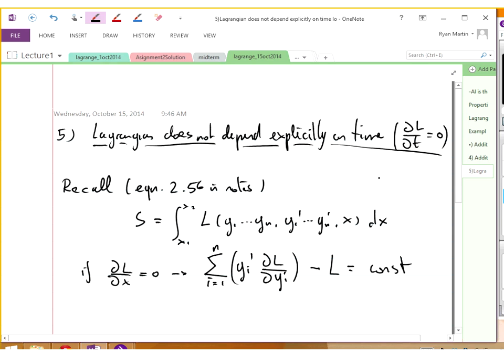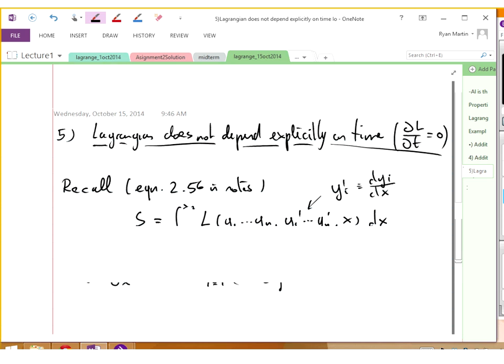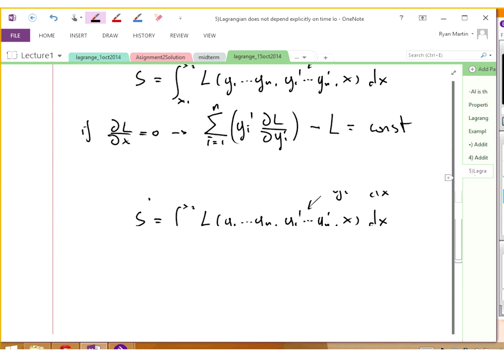Alright. And remember, yi primed is dyi by dx. And so that's something that we demonstrated purely mathematically, right, based on the Euler-Lagrange equations. So obviously this is still true if we call the y's q's and the x t, right?